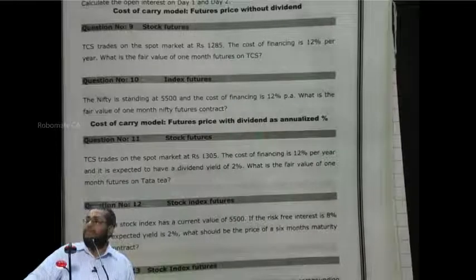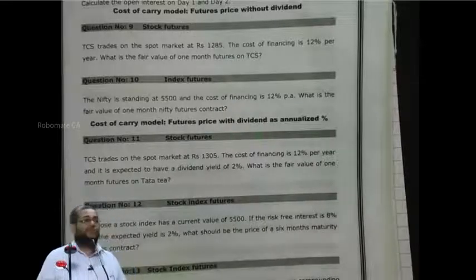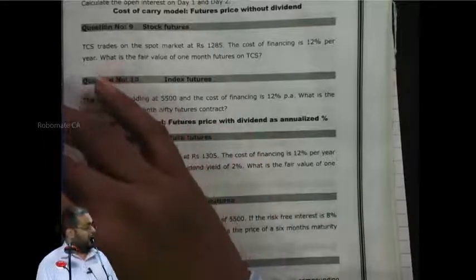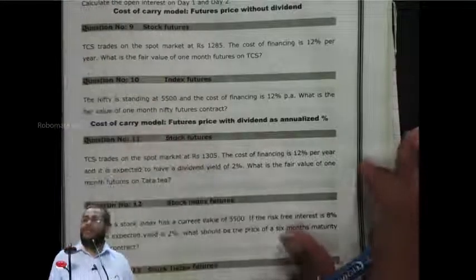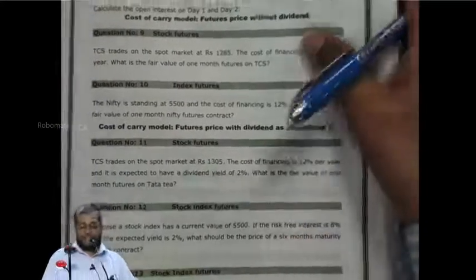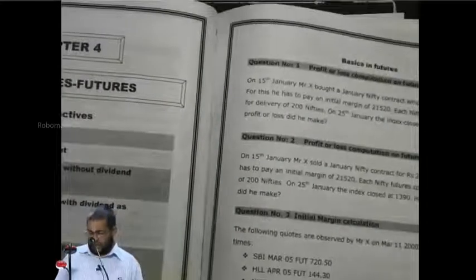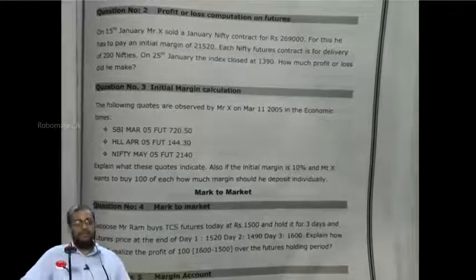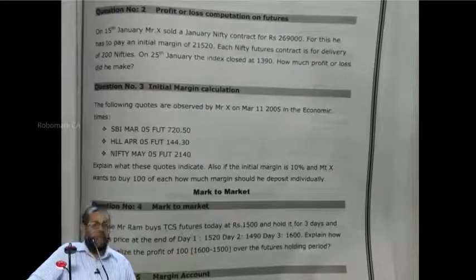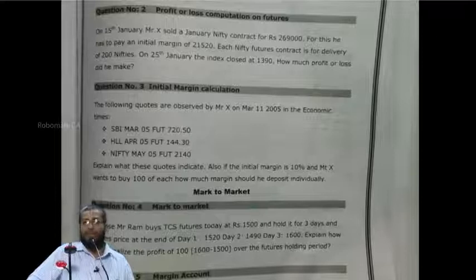And he withdraws 50% of the available money, as given in the question. Based on this, we have been asked to prepare a margin account. Can we start doing it together? Take question number 5. Point number 1, please.